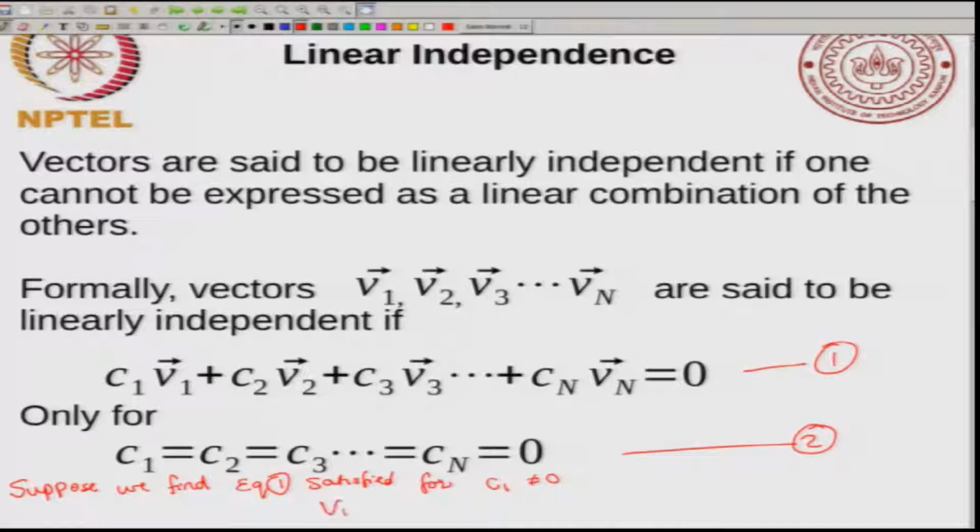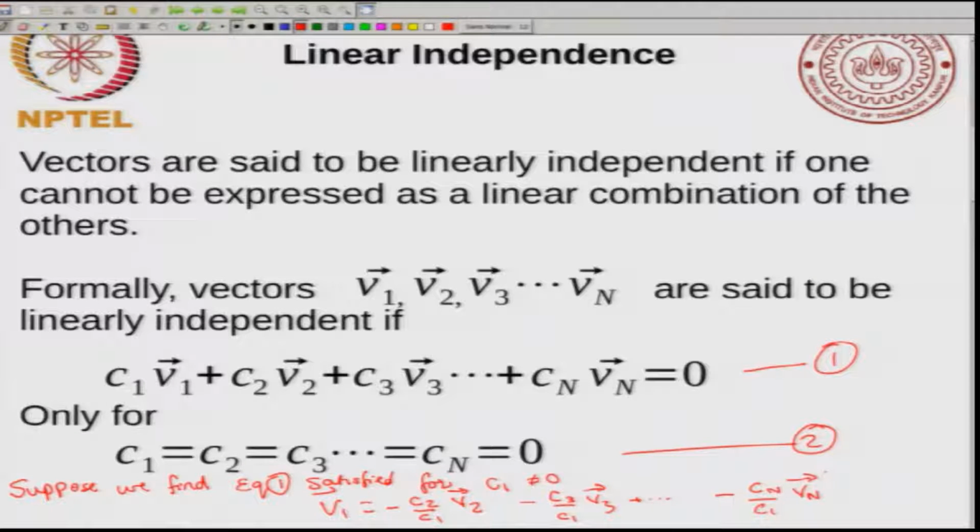I can write v1 equal to minus c2 by c1 v2, because I can divide by c1 since it is not equal to 0, minus c3 by c1 v3 and so on, minus cn by c1 vn.